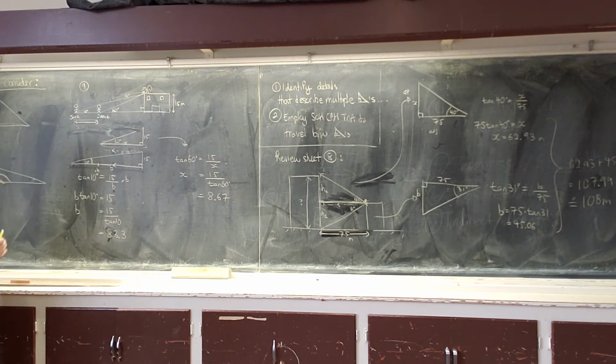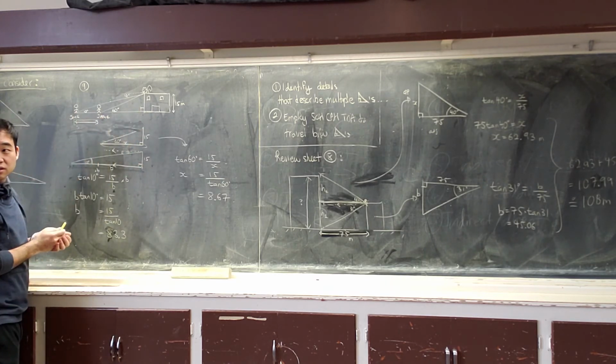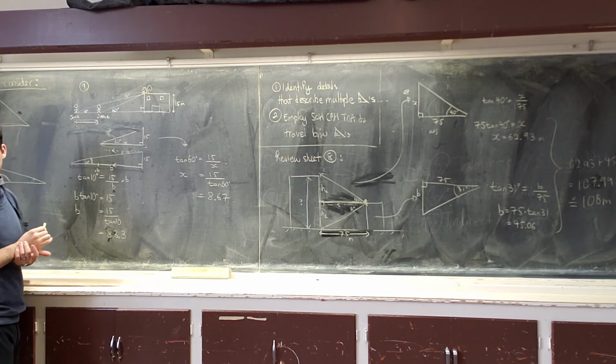The drawing is not to scale, but if this is 83, that is 8.6. How far away is Jack and Jesse?